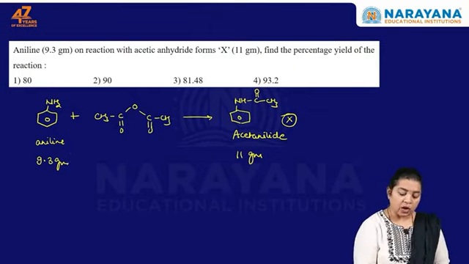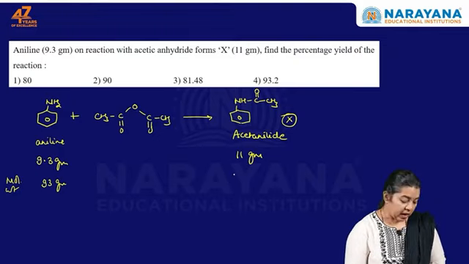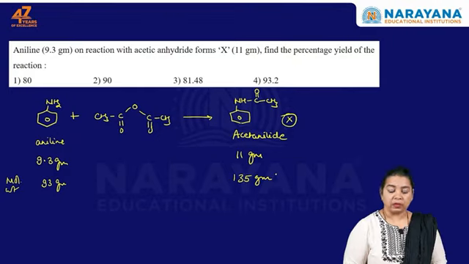Okay, let us check what is the molecular weight of these compounds. The molecular weight of aniline is 93 gram and of acetanilide is 135 grams, right?